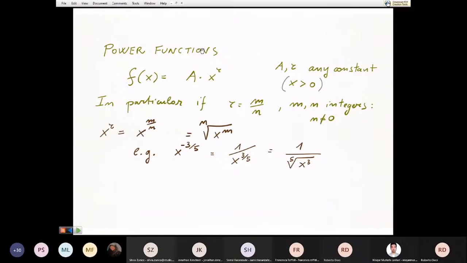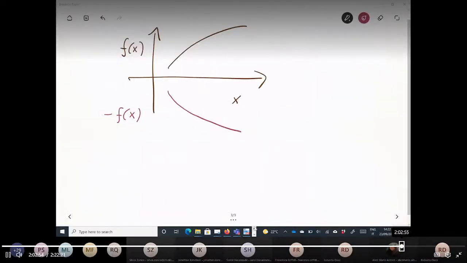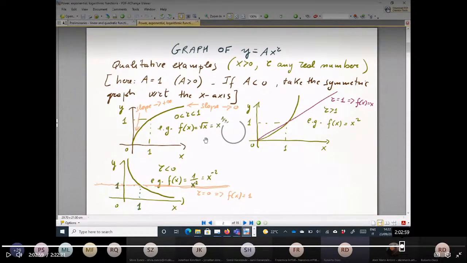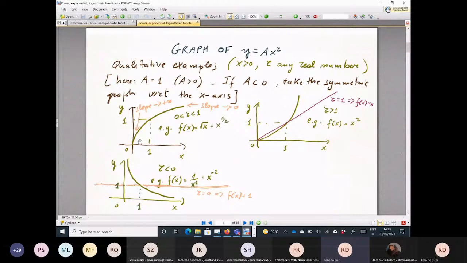And also, I consider A equal to 1 for simplicity. If A is equal to 2, the behavior is qualitatively the same, but there is a factor of 2, so it increases more just from the beginning.